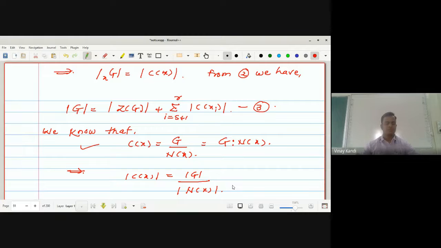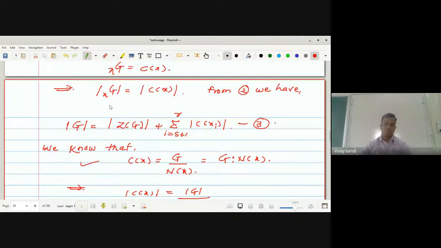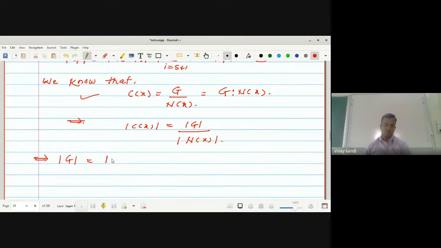So that implies order of G is equal to, equation 3 becomes now, order of Z of G as it is, plus summation i running from s plus 1 to r of order of G upon order of N of Xi.